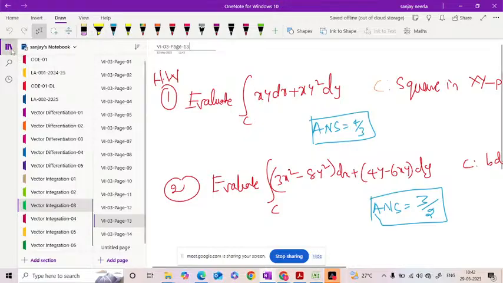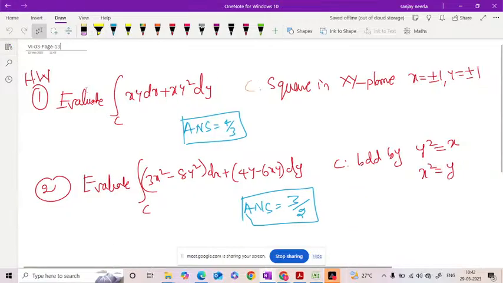This first problem: evaluate the line integral of xy dx plus xy square dy, where C is the square in the xy plane.